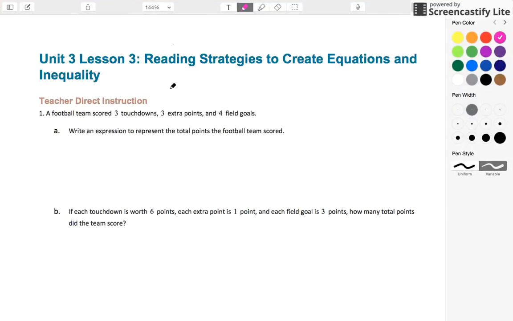Okay, hello. So we are going to focus on still reading strategies to create equations, and inequalities, but right now we're focused on equations.